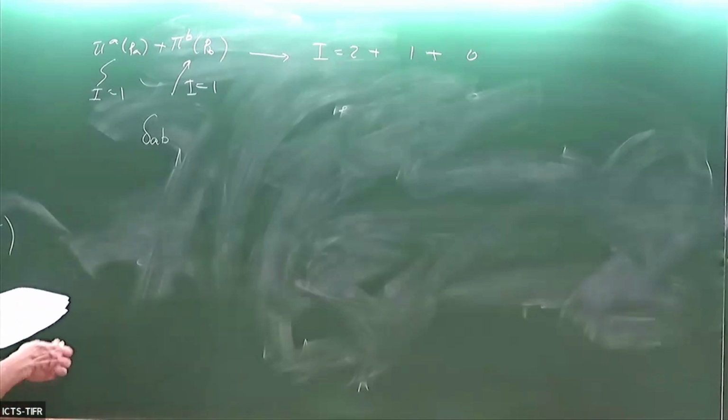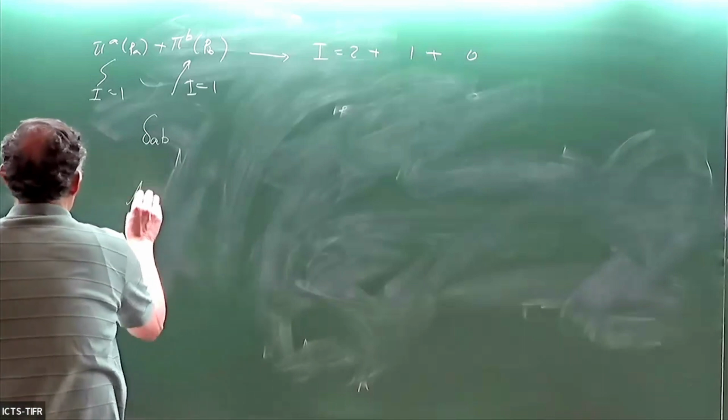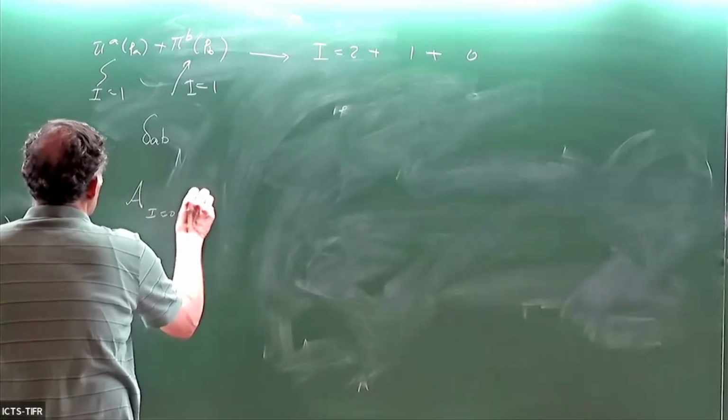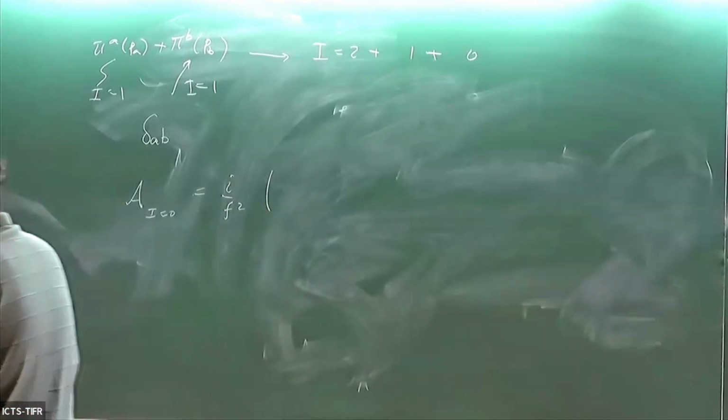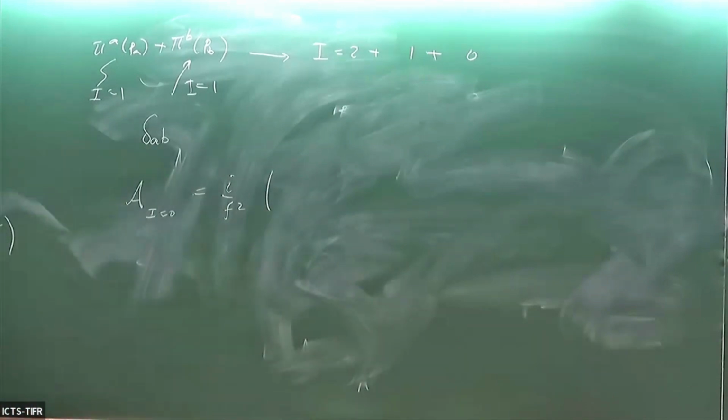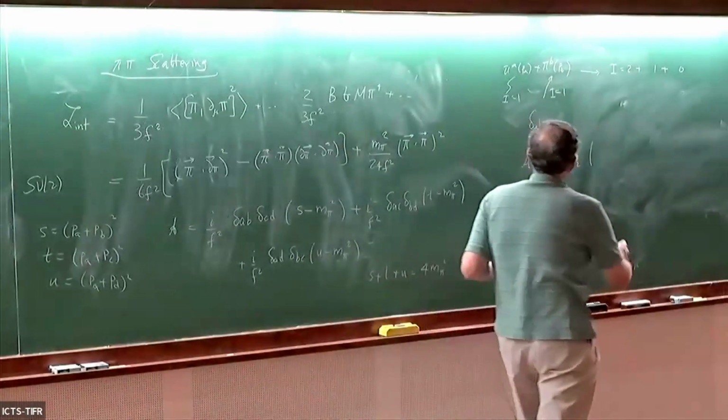And the amplitude in the isospin 0 channel is i over f squared. And here, this term, when I multiply by delta AB, gives me a 3, because delta AA is 3. So you get 3s minus 3m pi squared.